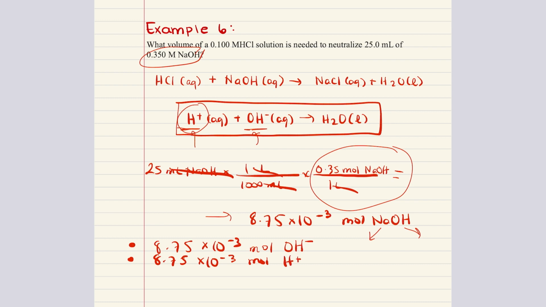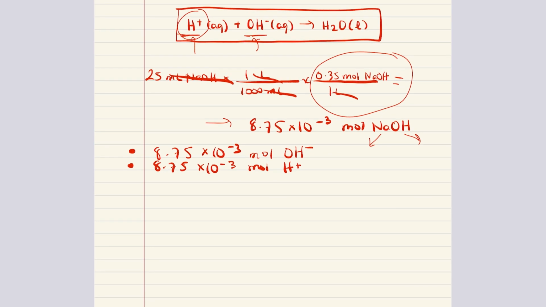Now, what we can do is finally begin to figure out the volume of 0.1 molar hydrochloric acid solution we need. What we have is the molarity. We have the moles. All right, we have the molarity for hydrochloric acid. We have the moles of hydrogen ions. What we need to figure out is the volume. We can do this really easily because we know molarity is moles over volume.